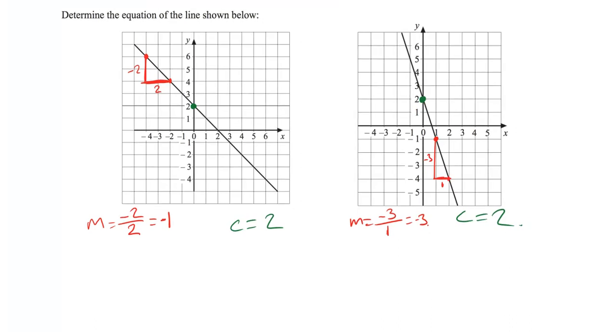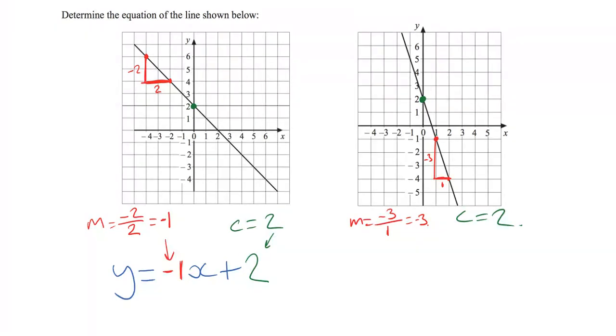Now, all we do to work out the equation of the line is write out that same format we saw earlier. y is equal to, and now we put the gradient in next, minus 1 x, plus 2. That c goes in there, and the gradient goes in there.